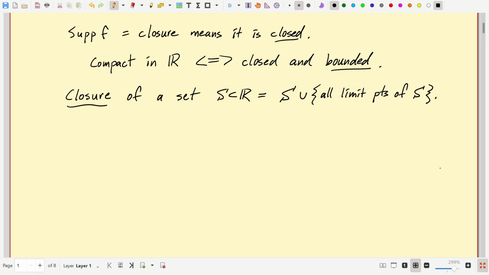So let's see, what would the support look like? A compact support means that the function is zero outside of some set, and then it wiggles around. The set where it's not equal to zero would be this red stuff, with a hole right there, and there'd be a hole right here too.